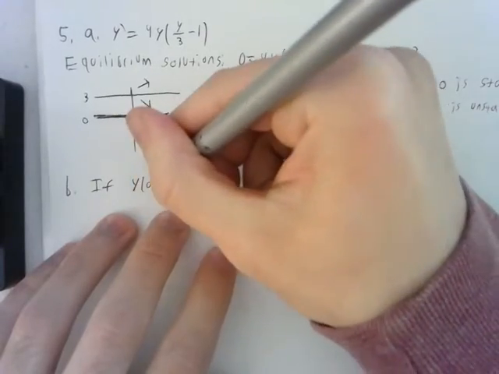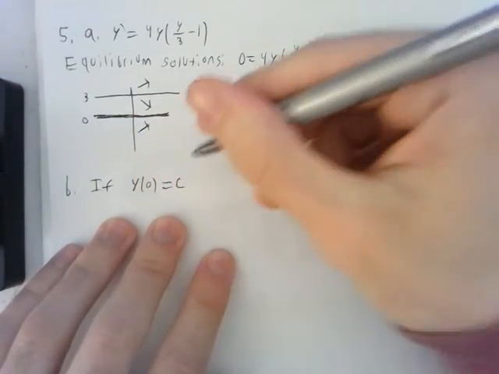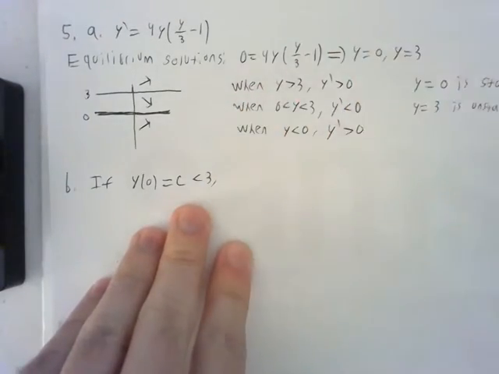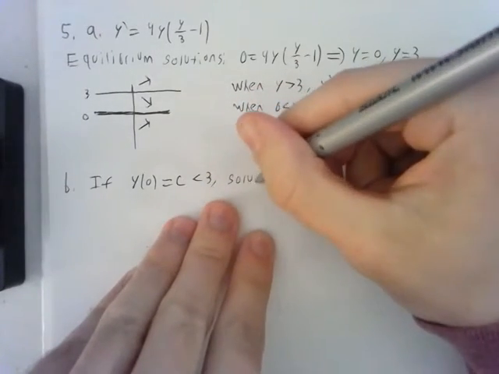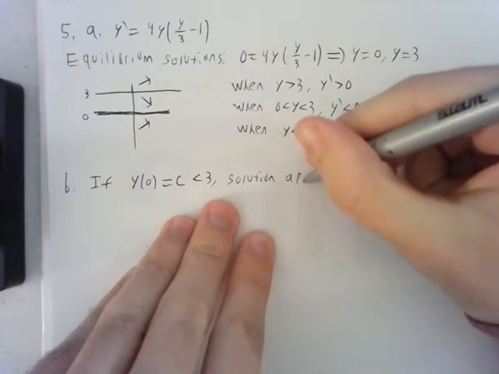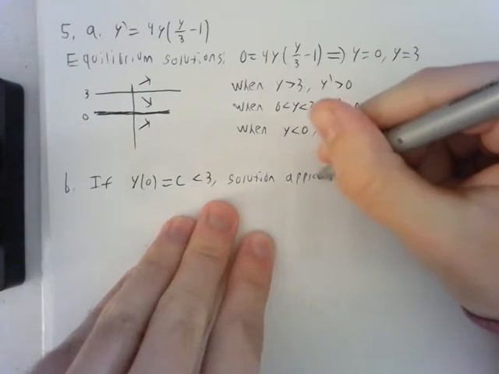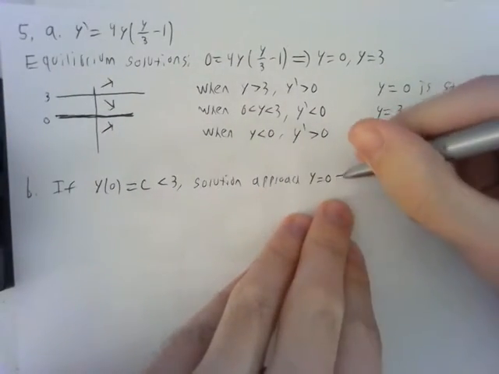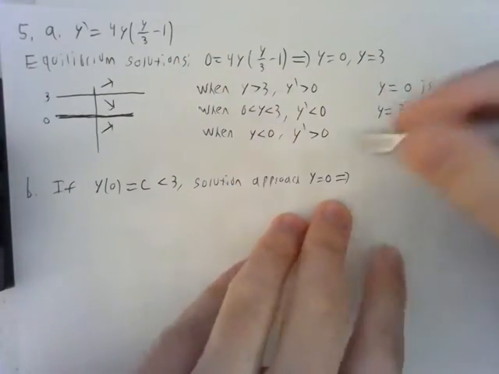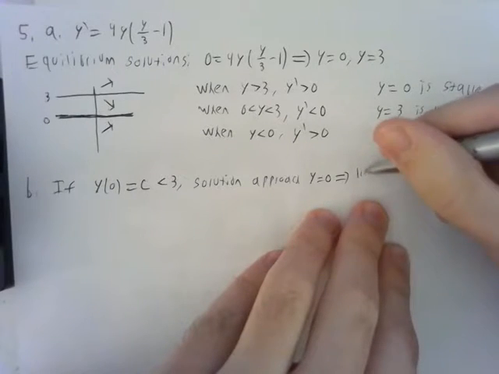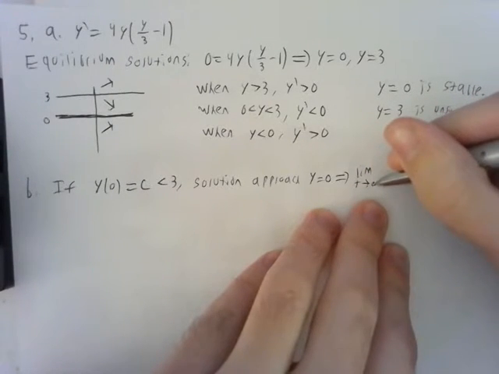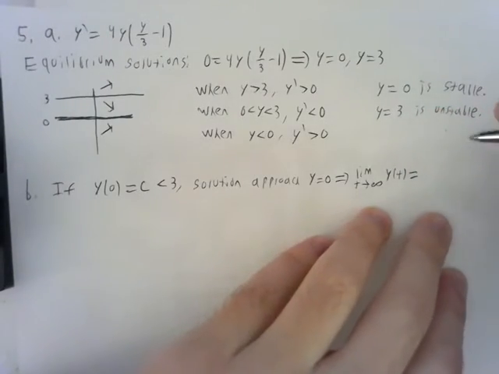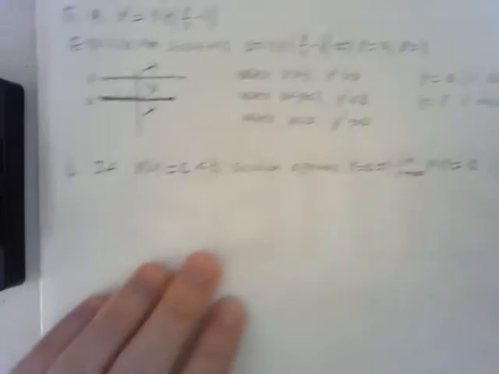If y of 0, which is what we're calling C, is less than 3, then the solution will approach y equals 0 because of this picture here. So that means the limit as t goes to infinity of y of t is going to be equal to 0.